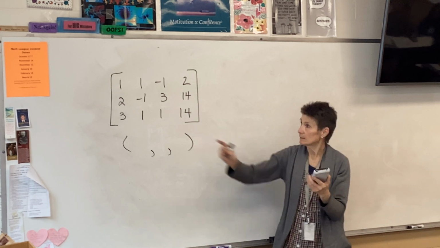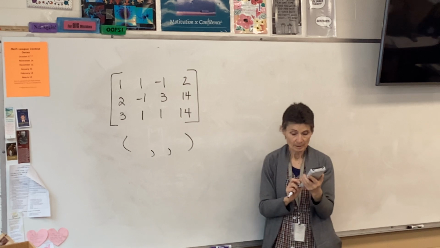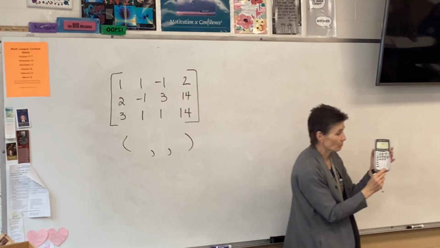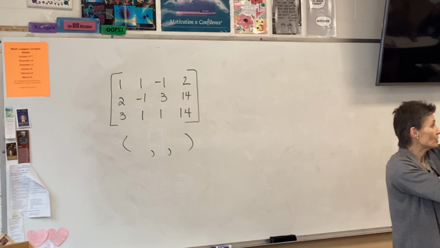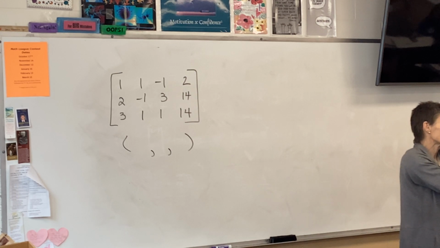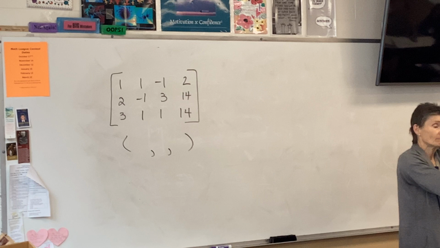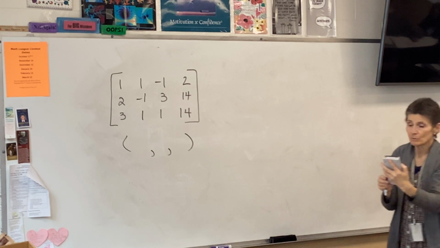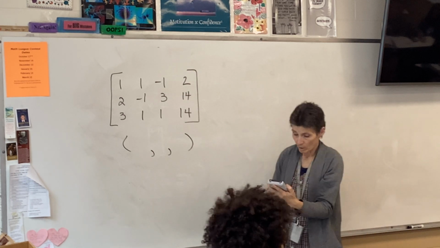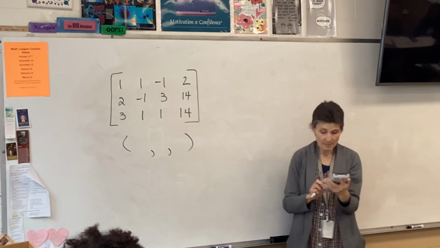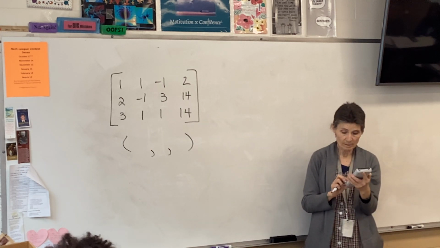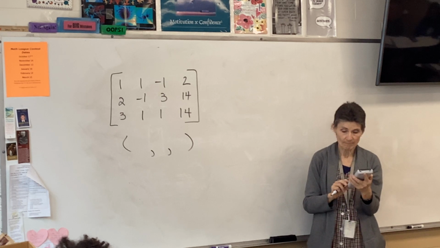So we'll put in 2, -1, and remember, when you're putting in negatives, guys, you gotta be using your negative button. Don't use the subtraction, you're gonna get an error message. Gotta use the negative button. So 2, -1, 3, and 14. And then it's gonna pop you down here, 3, 1, 1, 14.